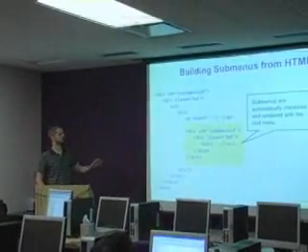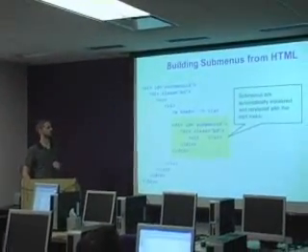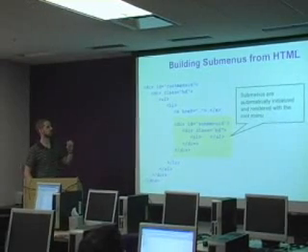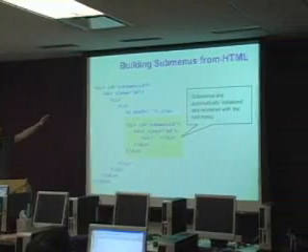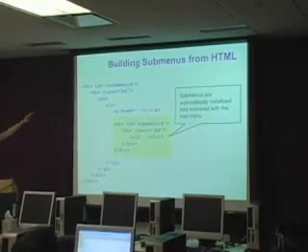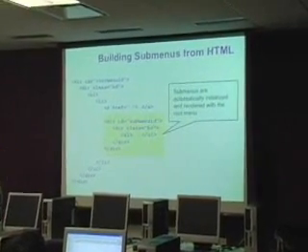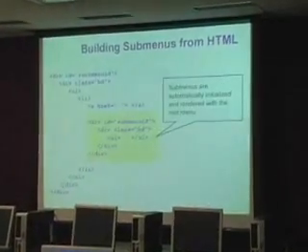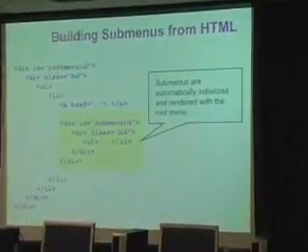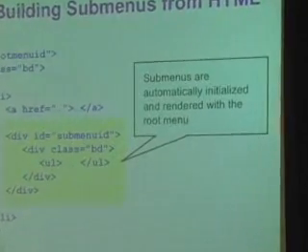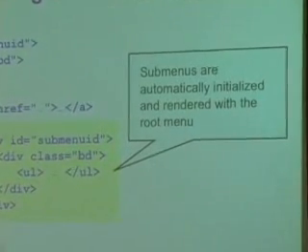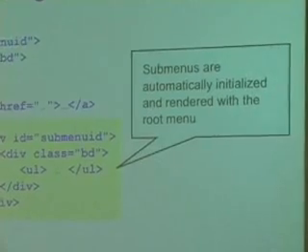And the nice thing about this markup structure is that when you call the constructor for menu, you only need to initialize the root node. It will automatically crawl through all the child nodes and initialize and render all the submenus for you. So essentially you can build a pretty complex menu hierarchy in your markup and then initialize it in just 2 lines of JavaScript, calling the constructor and then calling the render method.